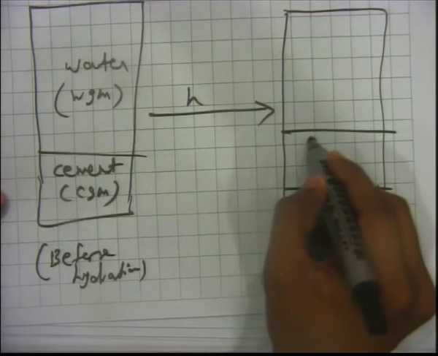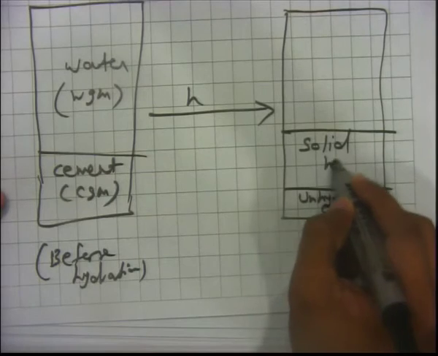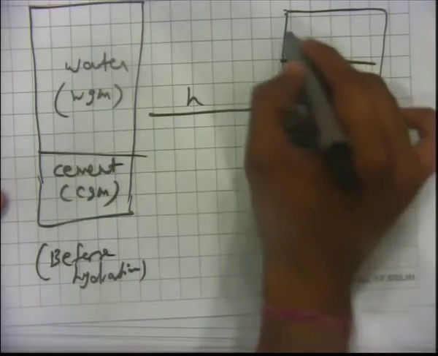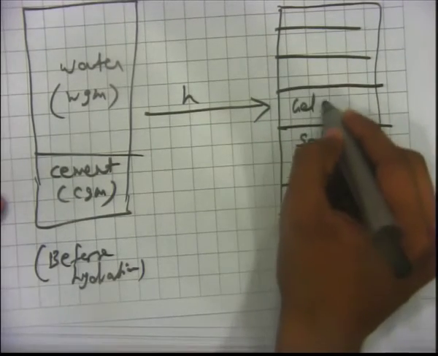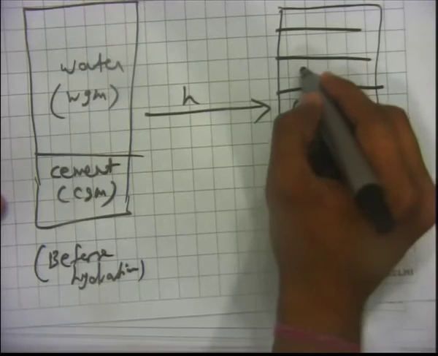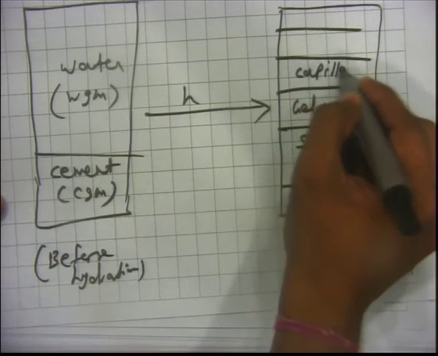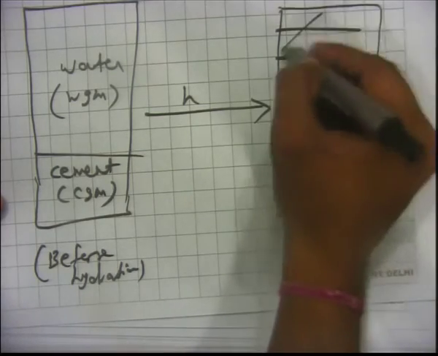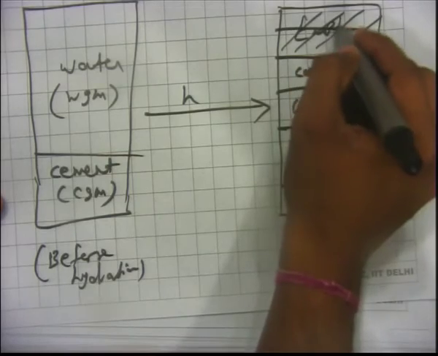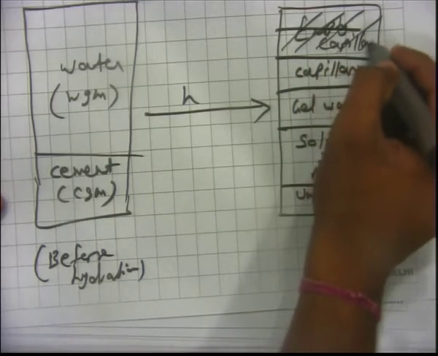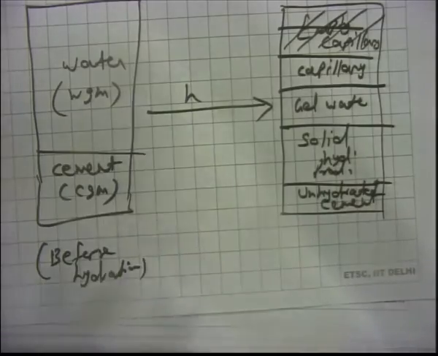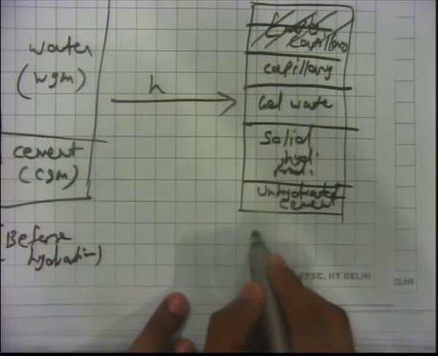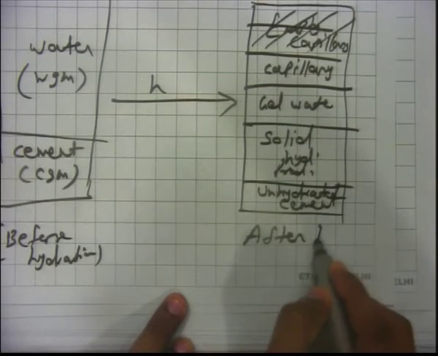Some solid products will be formed, that is solid hydrated products, and there will be water in three forms: gel water, capillary water, and the remaining space is empty capillary voids. In the whole discussion, we are going to refer to this diagram again and again. This situation is after hydration.